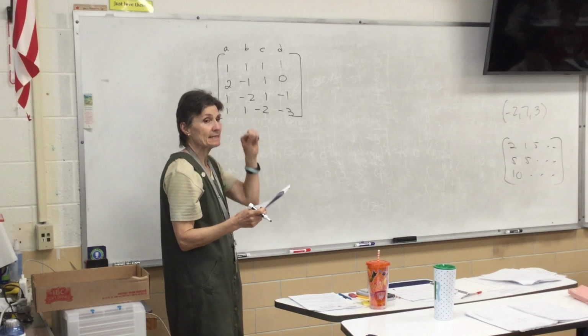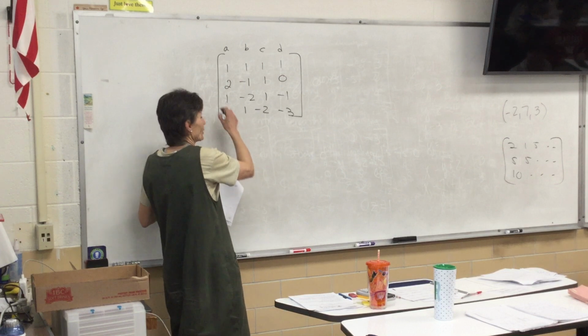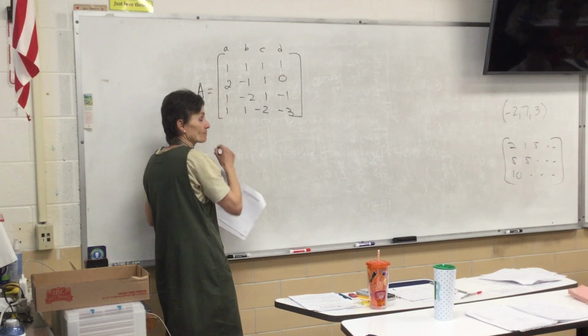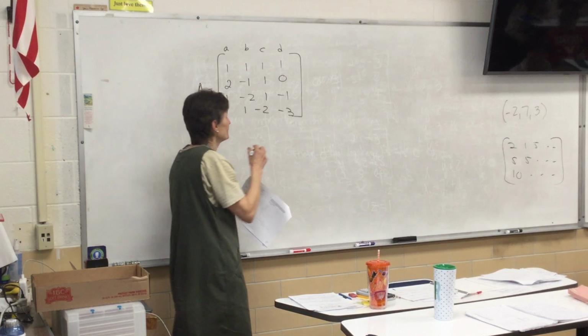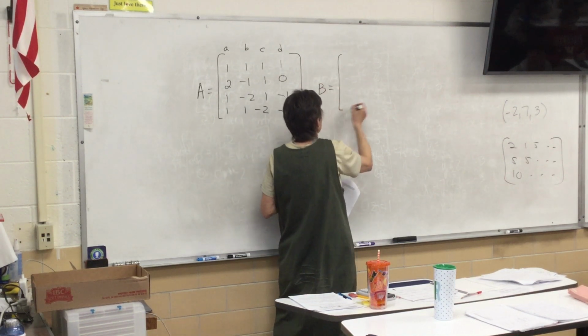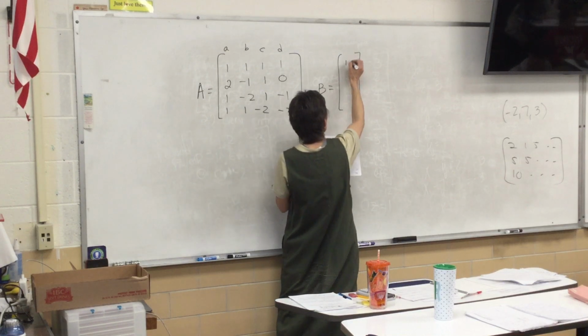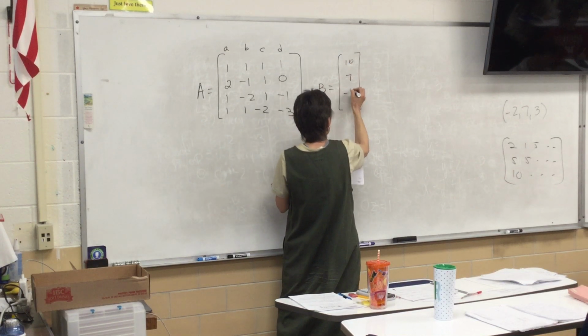If we're using the inverse method, then this is how you start. So we're going to call this matrix A. And then we're going to type in, when we get to that point, a separate matrix, call it B, and it's going to be 10, 7, negative 1, and 0.